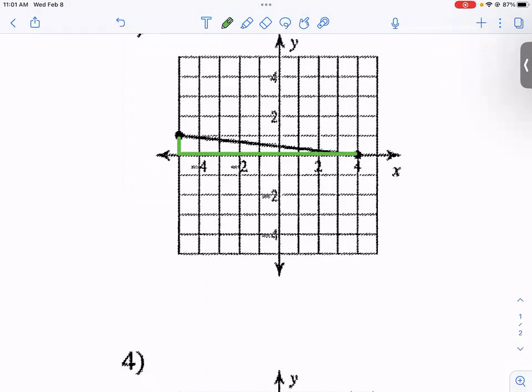How long is this leg right here? How long is this leg right here? 8? You agree? It's 9. All right, you find me the distance. You find me the hypotenuse, please.